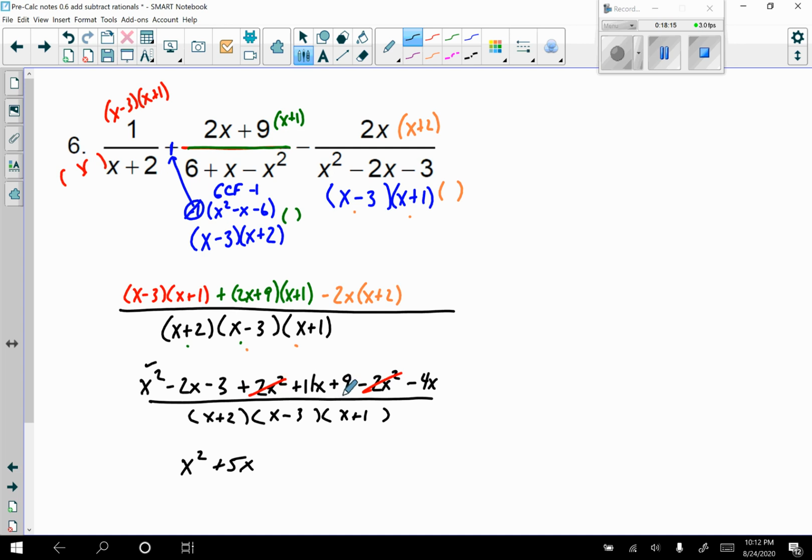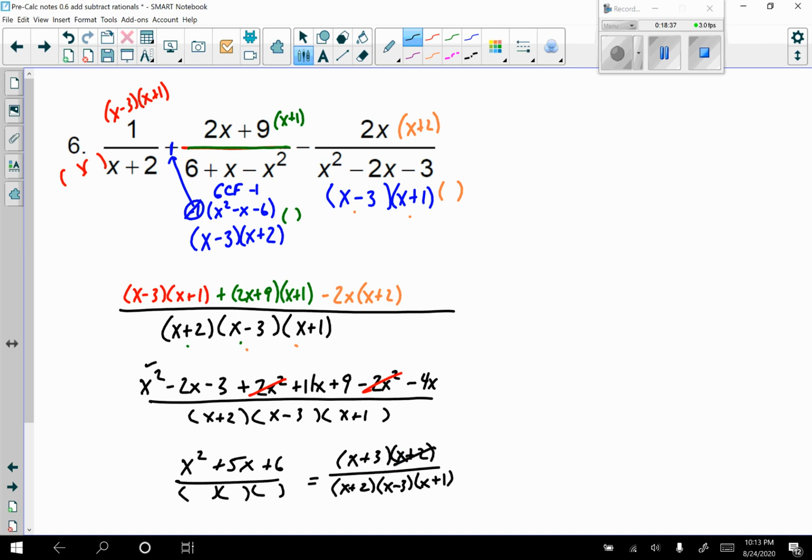Minus 3 plus 9 is plus 6 over all 3 of those. And that factors into x plus 3, x plus 2. The denominator has, lucky for us, an x plus 2, an x minus 3 and an x plus 1.